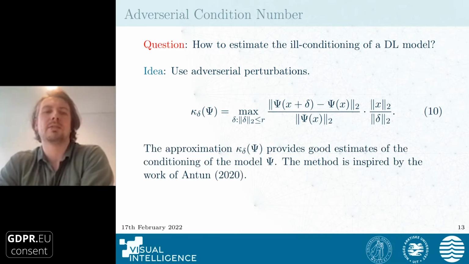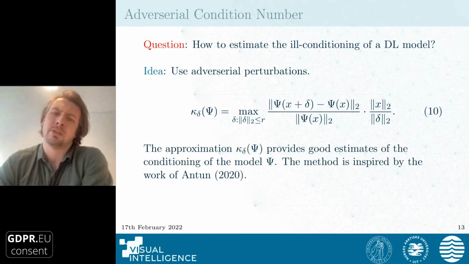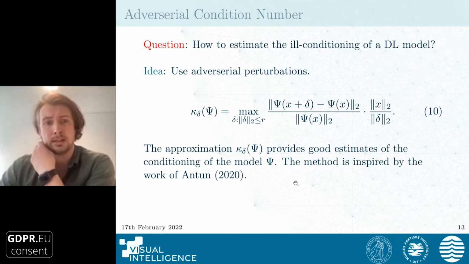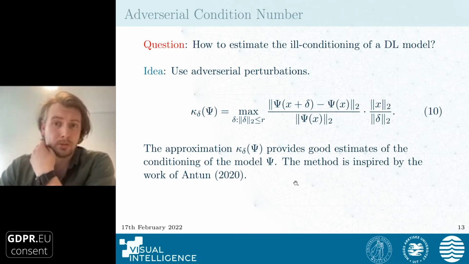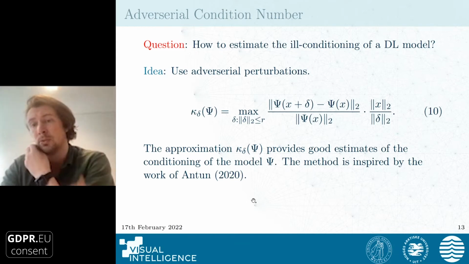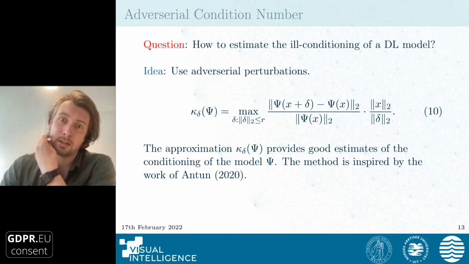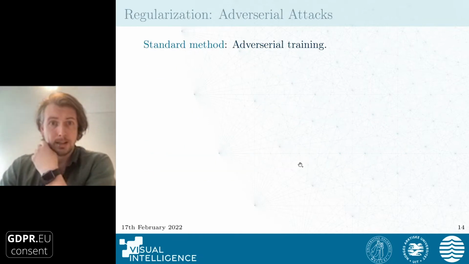And these provide good estimates of the conditioning of a neural network. And this method is kind of inspired by the work of Vegard Antun at UiO, who's done a lot of work on inverse problems in deep learning.